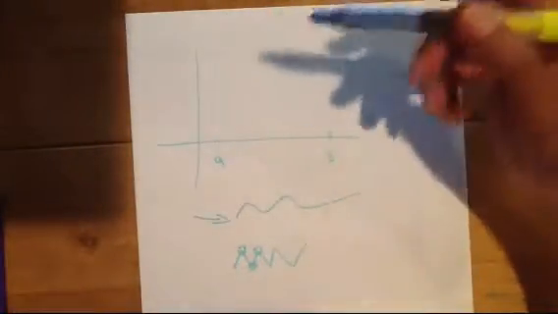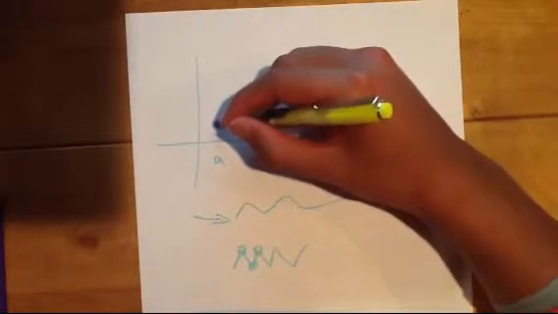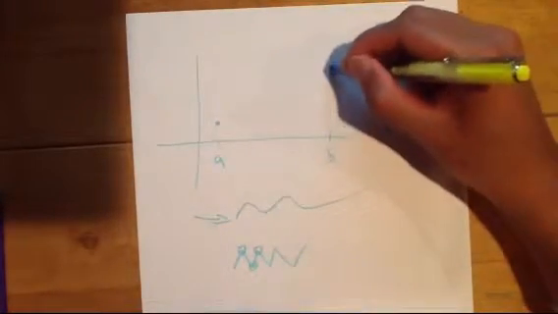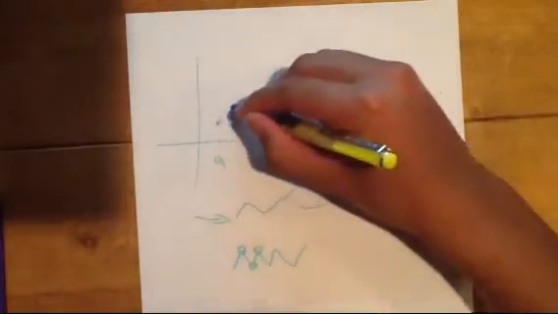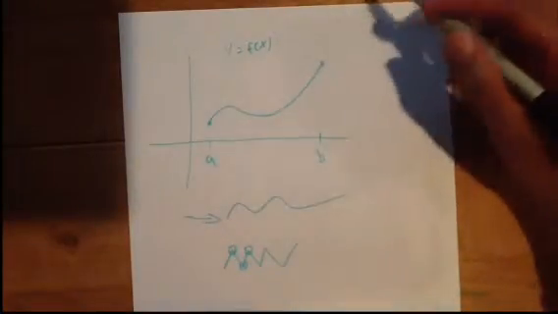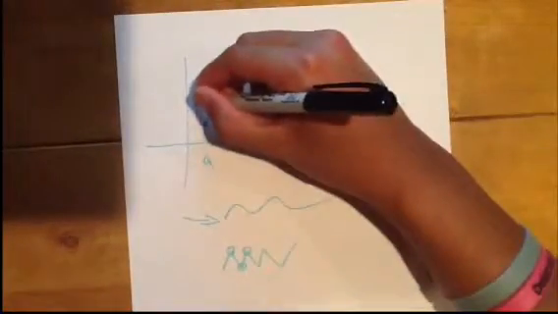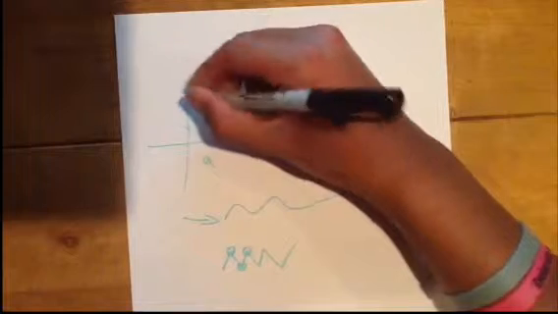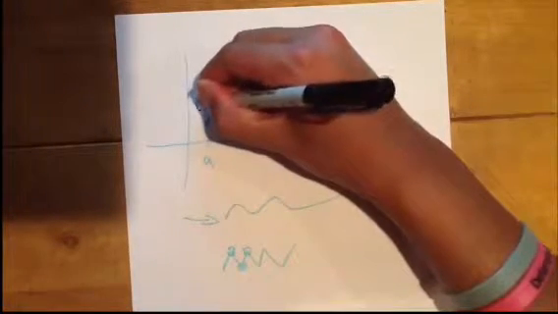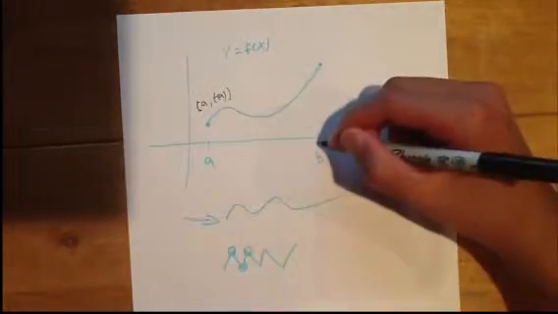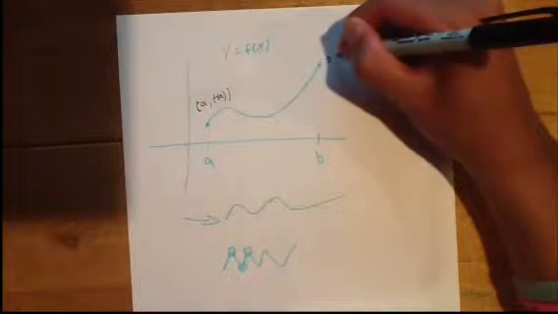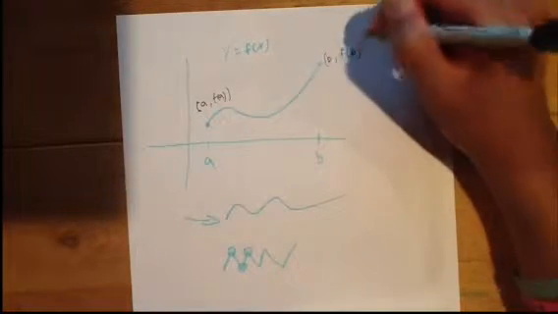So I'm just going to draw a generic function that is continuous and differentiable over the interval a to b. Just say it does something like this. So on the graph, if this is the x coordinate a, then the point here would be a comma f of a, and right here at the x coordinate b, the point would be b comma f of b.